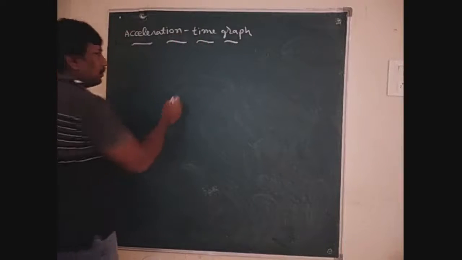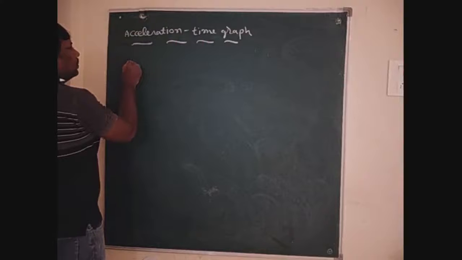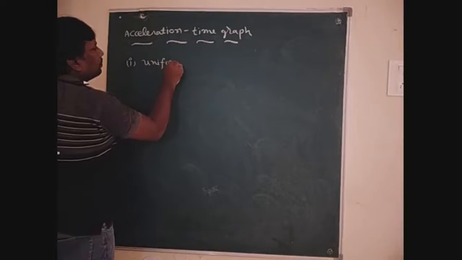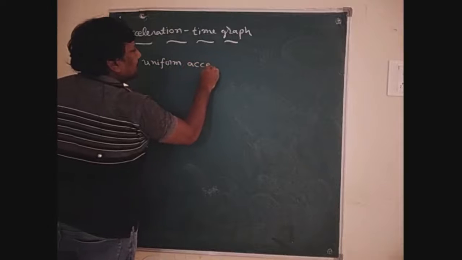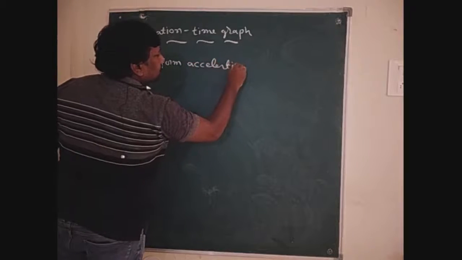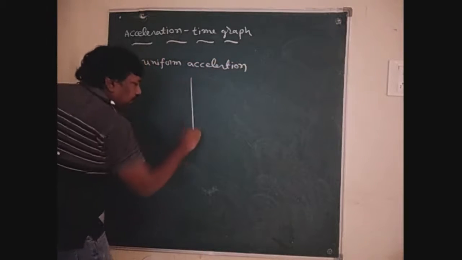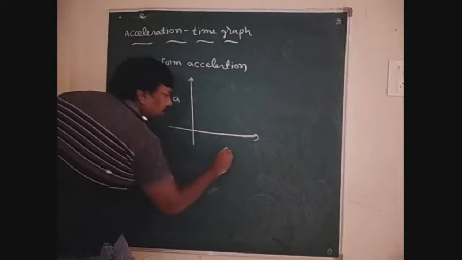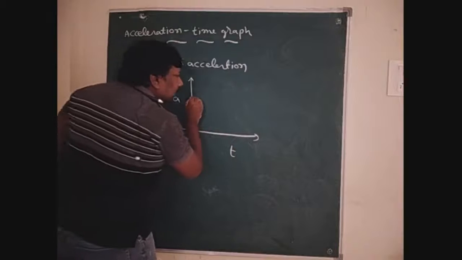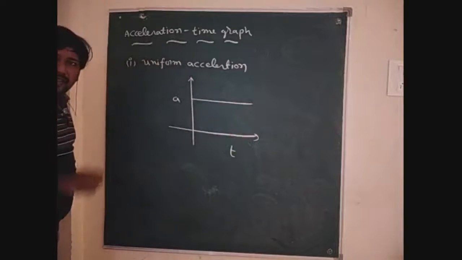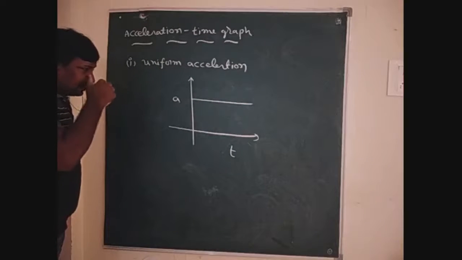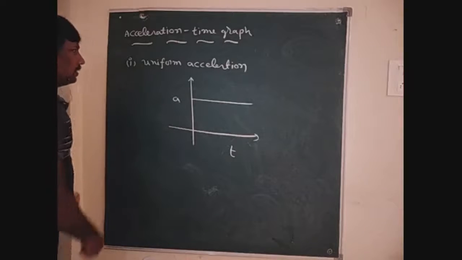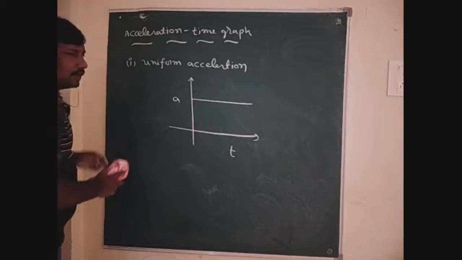In the case of the acceleration time graph, first one is uniform acceleration. For uniform acceleration, the acceleration time graph is a straight line parallel to the time axis. So this is uniform acceleration.